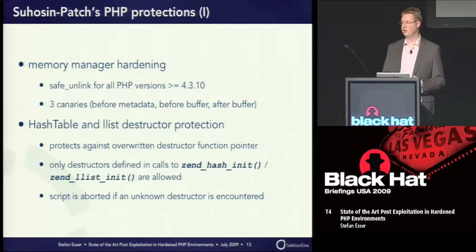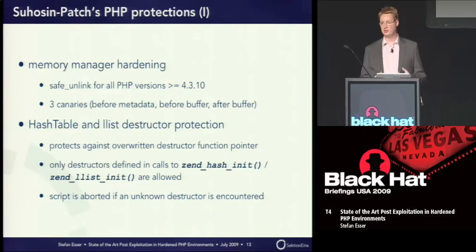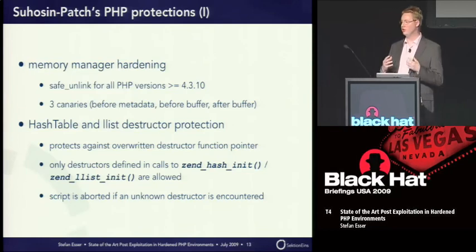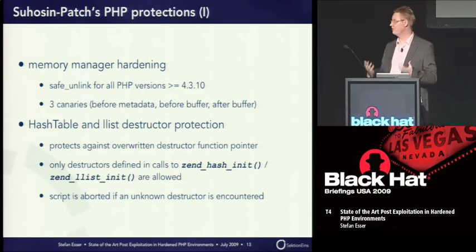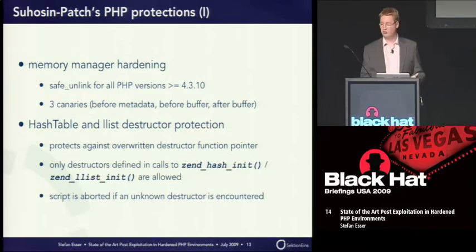Additionally, there's also a protection on PHP hash tables. In PHP hash tables, I will show this later, there's a field which is a destructor pointer, and many PHP exploits just overwrote the destructor pointer, and so arrived at code execution exploits. And actually in Suhosin there's a protection.